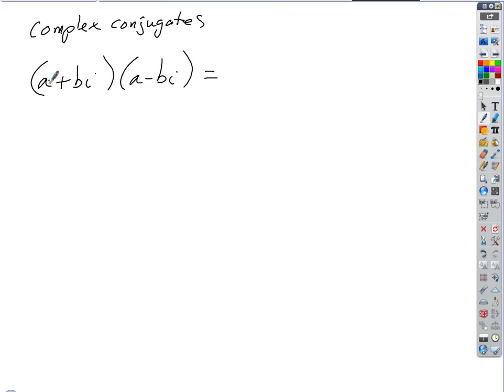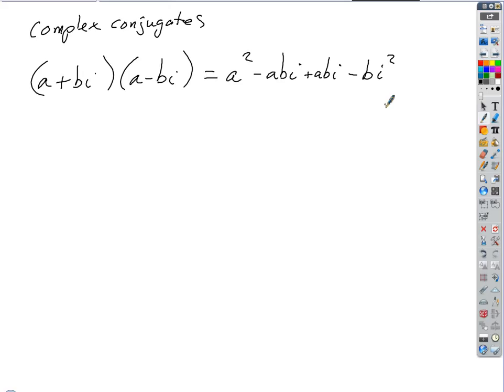If I distribute, I get a times a is a squared. a times negative bi is minus a times b times i. And then bi times a is plus a times b times i. And then finally, bi times negative bi is minus b squared i squared.